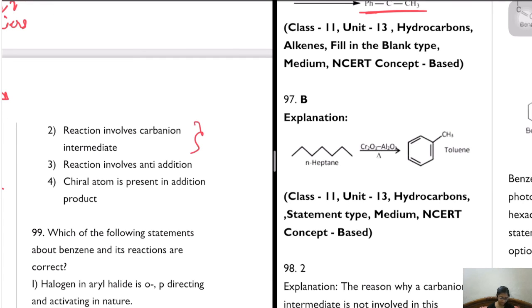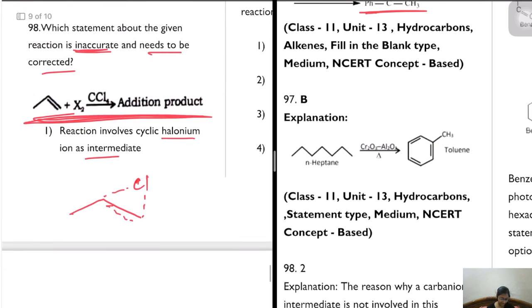No, this would be our answer. Reaction involves anti-addition. This is true. Chiral atom is present in the product. Yes. If I have Cl here, for example, then this is the chiral product. It has hydrogen here, it has chlorine. So all the four groups are different.